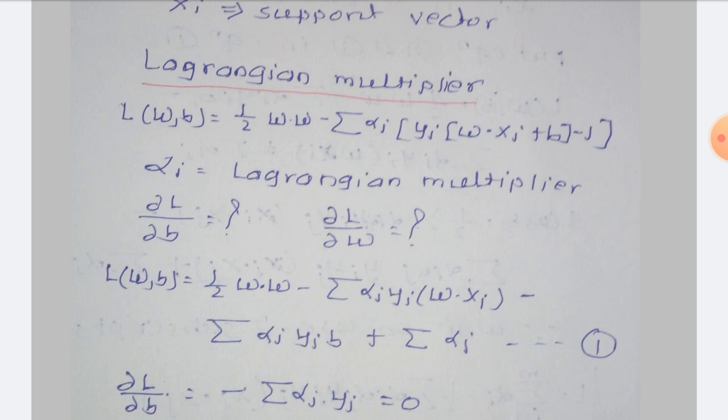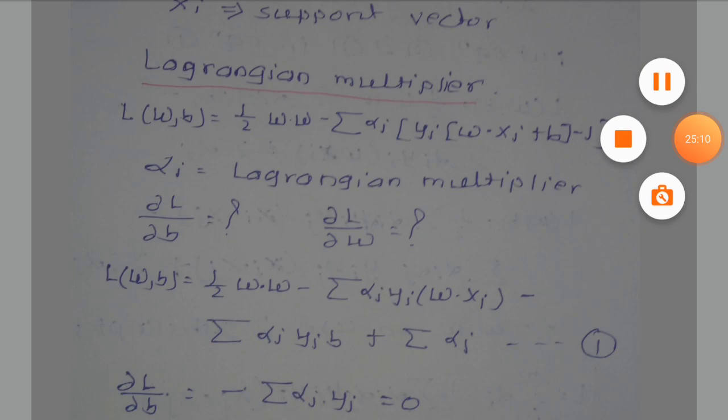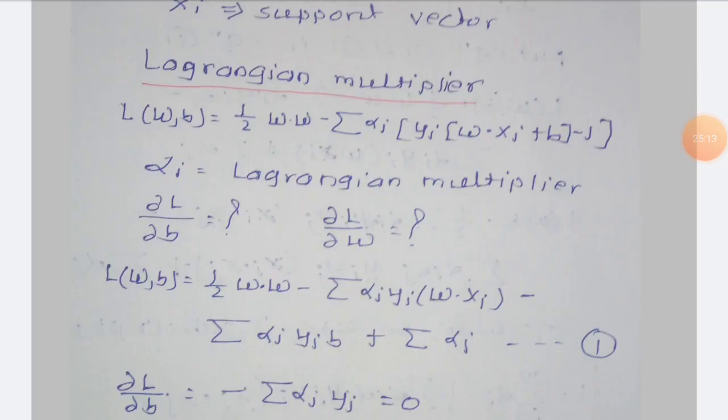Just solve the brackets, and the equation will be: half w dot w, minus summation of alpha i yi into w dot xi, minus summation of alpha i yi b, plus summation of alpha i. Now this equation I have given the number 1.